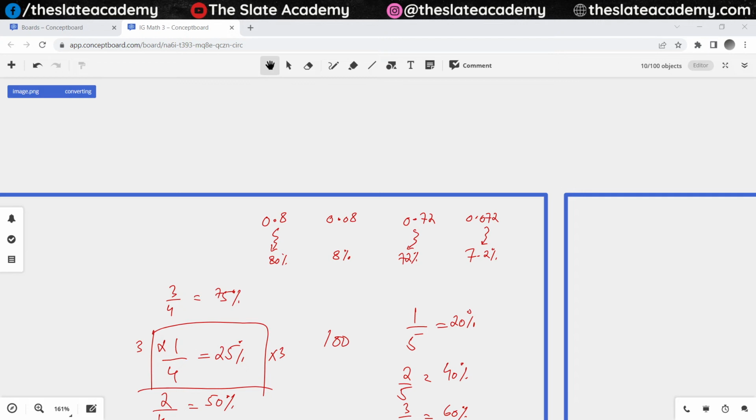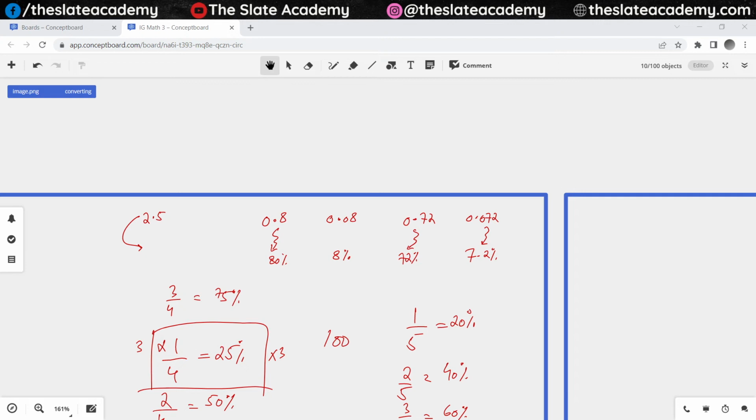Can anybody tell me if I have 2.5, what would the percentage be? Miss Aisha, 2.5. What would be the percentage? Anyone who can tell me without calculating, that would be really bonus, shabash, well done. 2.5 as a percentage.